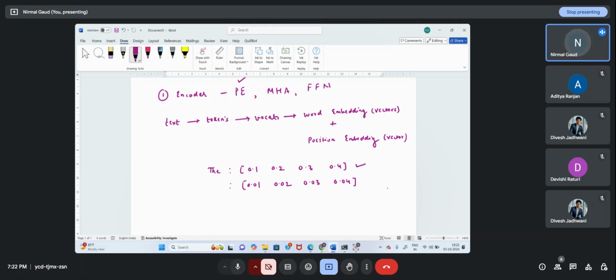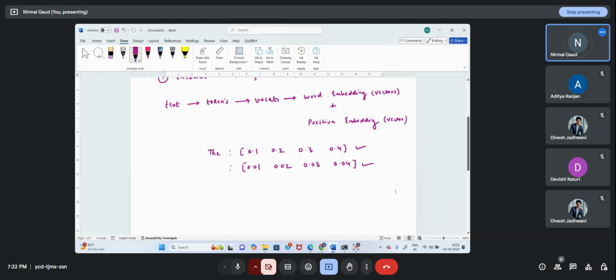This is word embedding, this is positional embedding. We have to add both of them. So the addition of word embedding plus positional embedding will be 0.11, 0.22, 0.33, 0.44.